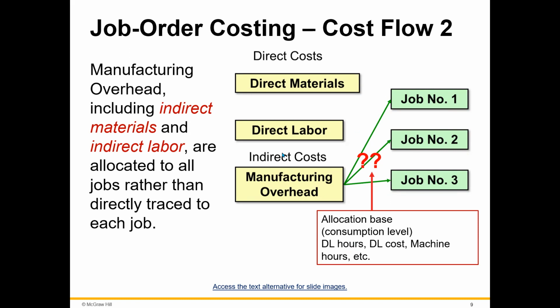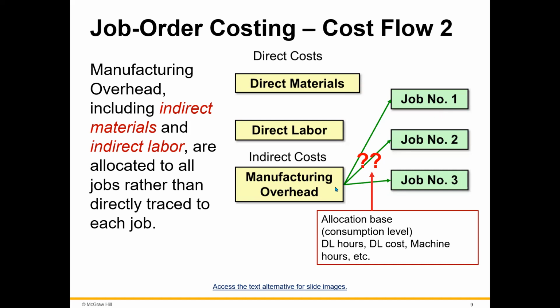You will divide the total overhead by the total direct labor hours for all of the jobs. You get an allocation rate, and then use this rate to multiply by the total hours of each job. You get the allocated overhead. So that's a simple description of overhead allocation.